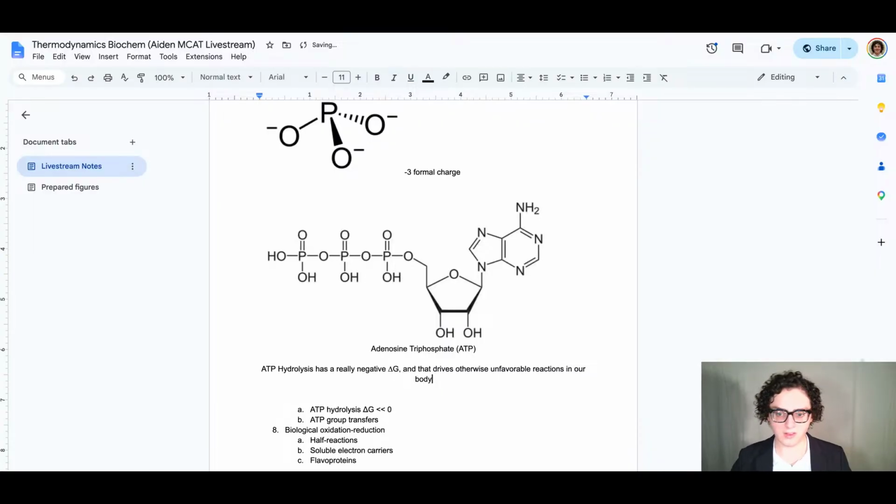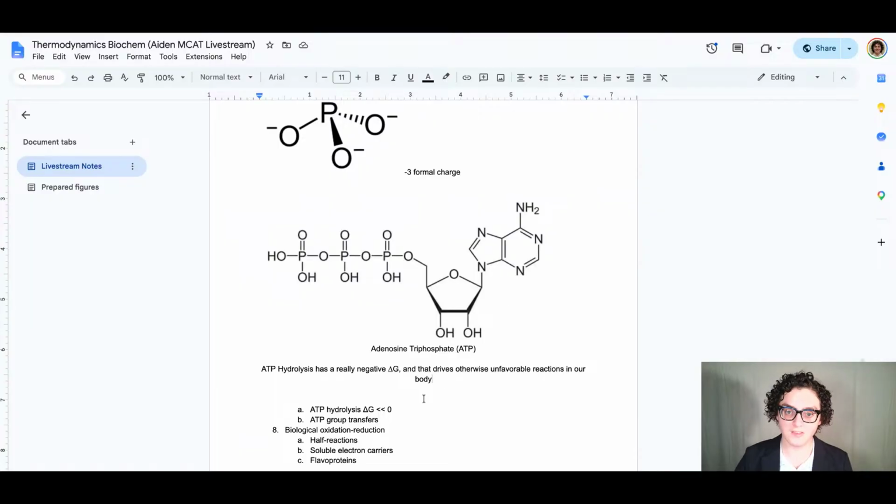So our body is using the sun's energy to basically push reactions in an uphill battle against their natural decrease in energy. And in order to do that, we have to have something else that's decreasing in energy, and that is ATP.